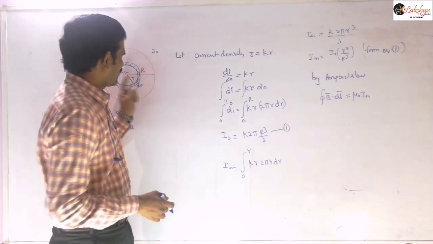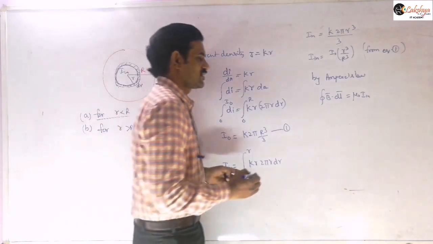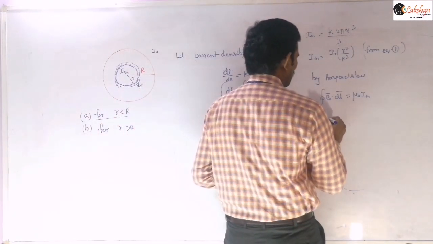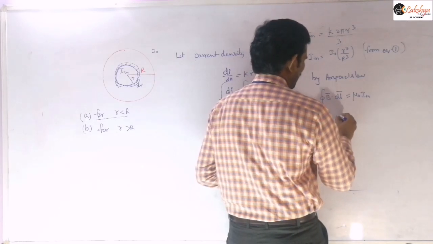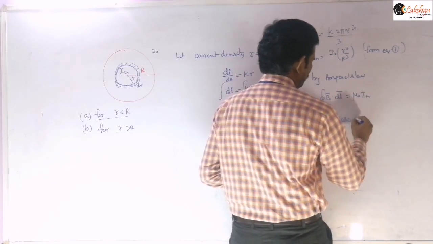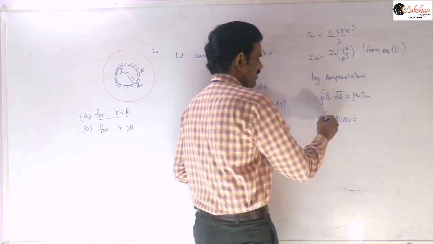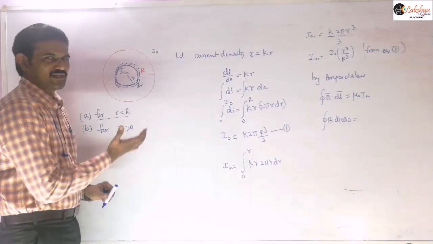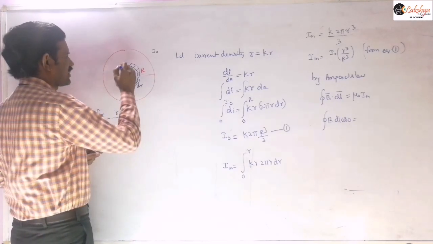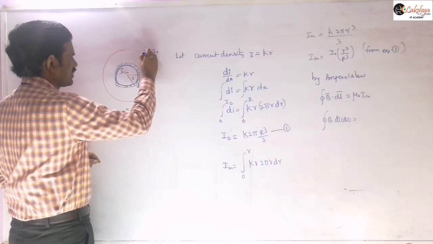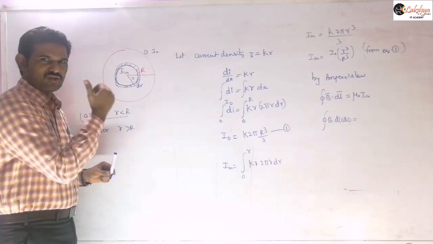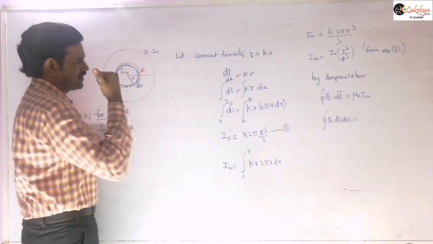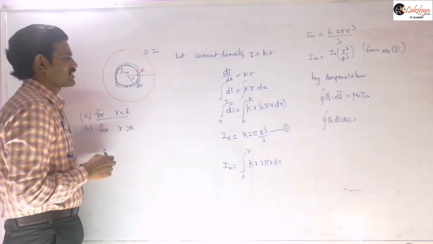The current enclosed there I am taking as I_in. So you can write this as B into dl into cos 0. As I said, this calculation is the same here. If only one conductor is there, then you can take this integration. Suppose the current is flowing out of this cylindrical conductor, let us consider here.